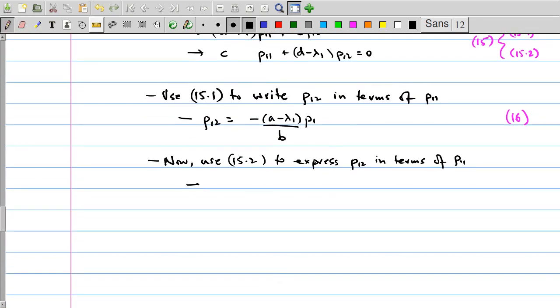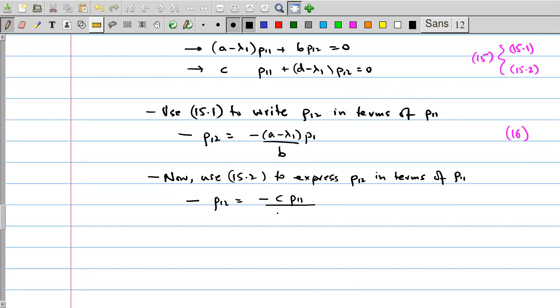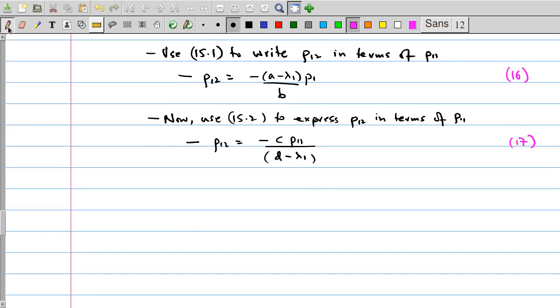So then what happens is that for this one we're expecting P12 equals minus C times P11 divided by D minus lambda 1, and that's 17. Now the claim: if these two things were somewhat different equations, then you could have got different answers for it.